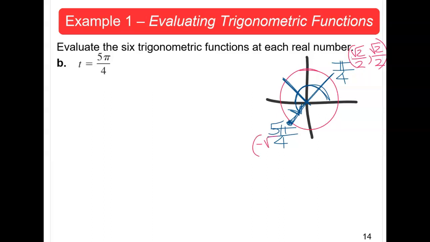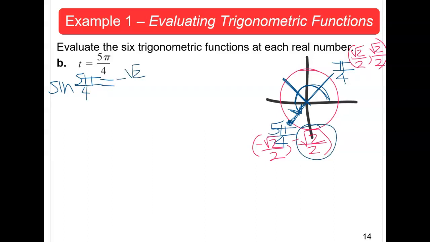So it will be negative square root of 2 over 2 and negative square root of 2 over 2. Okay, so let's do this, and we start with the sine of 5 pi over 4. And so that will correspond to the y coordinate, this one here, negative square root of 2 over 2.